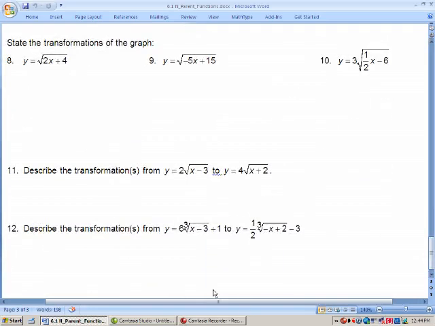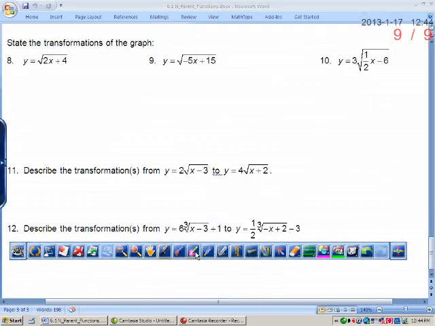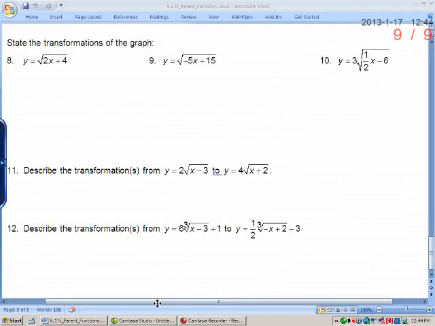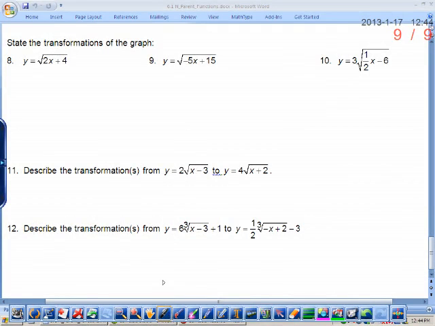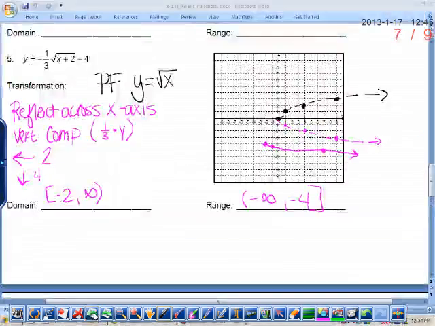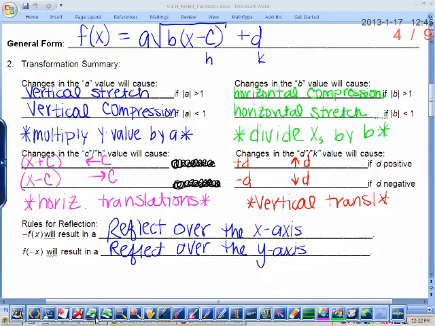We haven't spent a ton of time with horizontal translations this year, so we're going to practice a little bit. I want you to take a sec and look back at the front page of your notes. I gave you this general form of a radical function, okay?